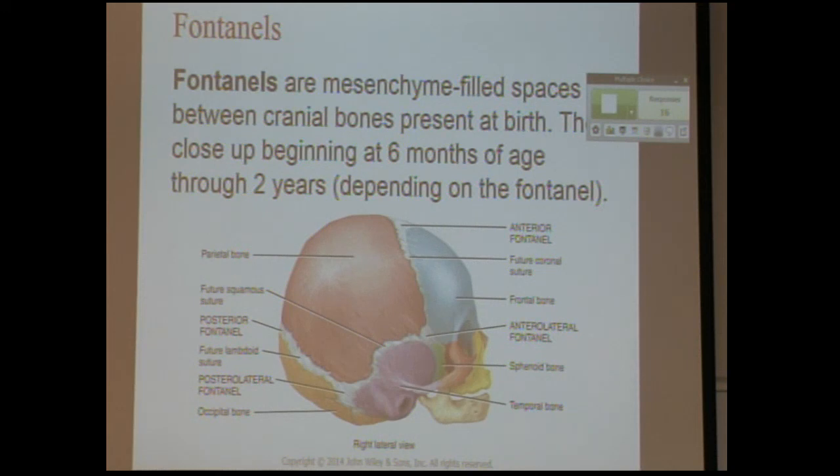And it lets the skull bones grow really fast, because that's one of the fastest things growing in an infant, their actual skull bones, because their brain has to expand so fast. So it gives them a space to expand. If you were just born with bone everywhere and no space, it'd be a lot harder for it to grow. So those are called fontanelles.